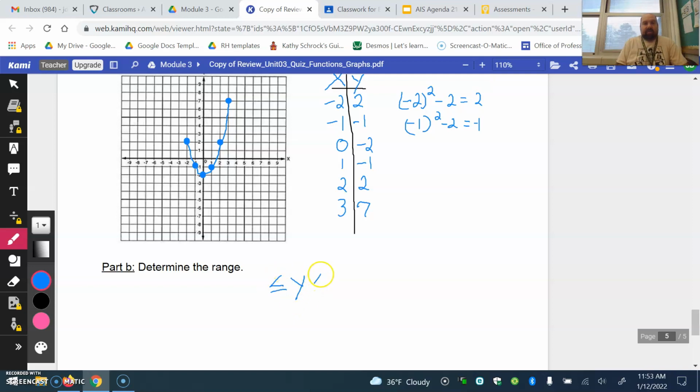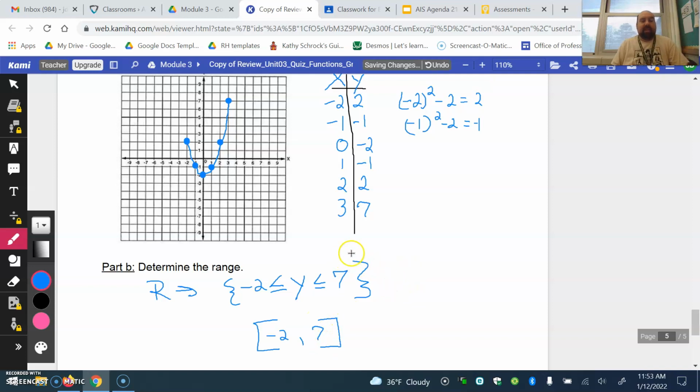I'm including the number at the bottom, -2, because it's a shaded-in point, and the biggest number, 7. We could do interval notation. By the way, this is the range, so I'll put it in curly brackets, or I can do interval notation from -2 to 7, whichever you prefer. And you're done. That is it for question 7. Actually pretty simple, right? One more to go.